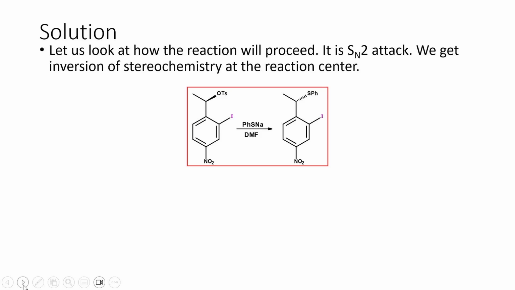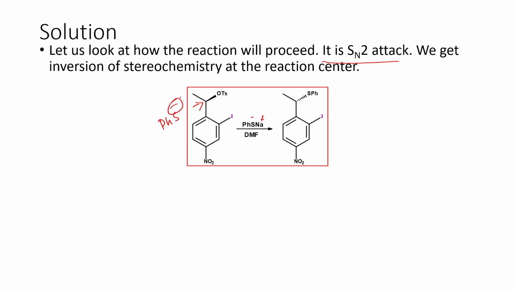So let us look at how the reaction will proceed. This reaction is basically an SN2 reaction. Here we have a nucleophile, PhS minus, with Na plus. So the thiolate anion can easily attack the carbon atom, the benzylic carbon.